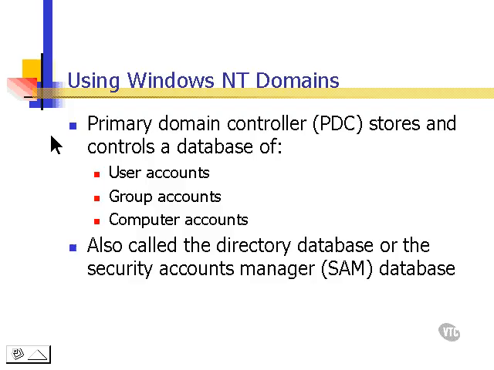The primary domain controller controls a database of user accounts, group accounts, and computer accounts. This database that the primary domain controller holds is also called the SAM, or Security Accounts Manager database.